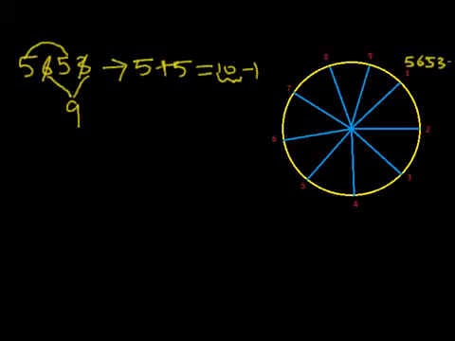Now let's try another larger number. Let's say it's 64,359. Now 9 can be ignored.